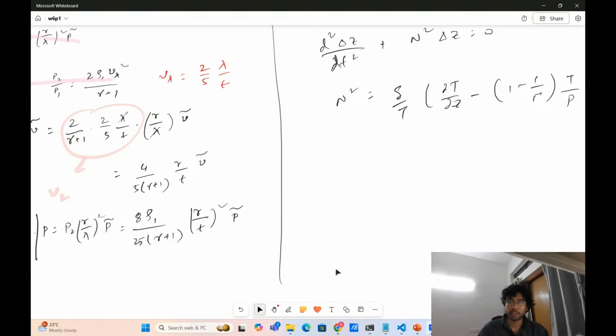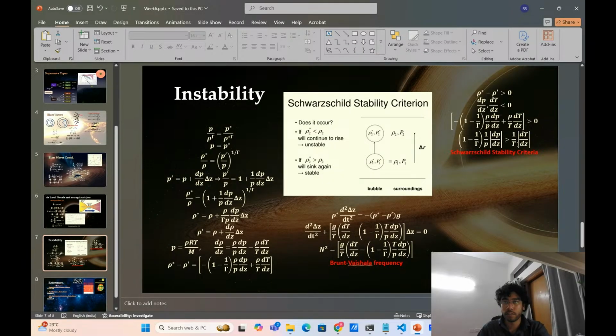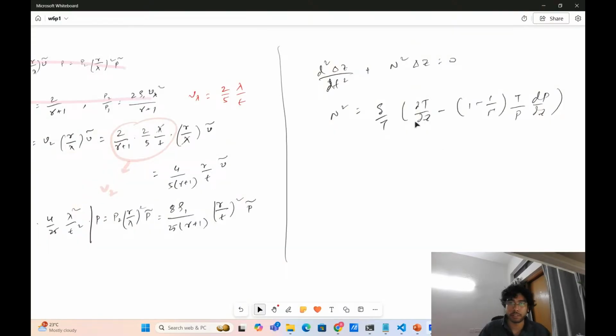Now we saw the Schwarzschild criterion, that dT/dz should be less than this. So this is the stability criterion. Now what happens if dT/dz is greater than this, and what happens if it is less than this?